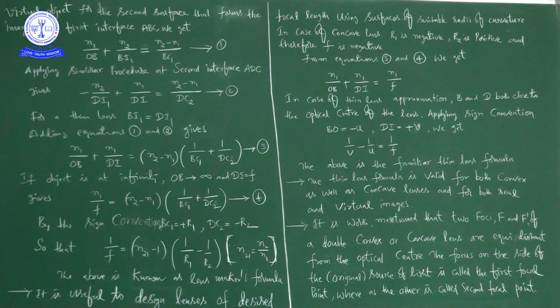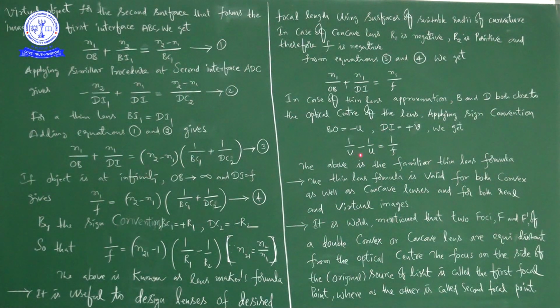It is useful to design lenses of desired focal length using surfaces of suitable radii of curvature. Whatever we derived here is for a convex lens.